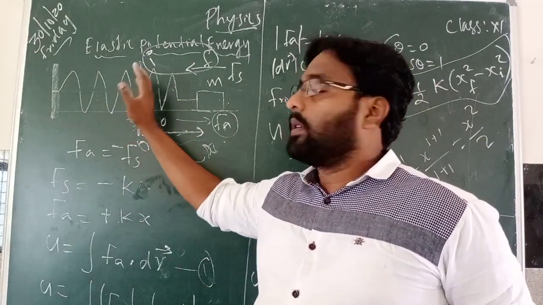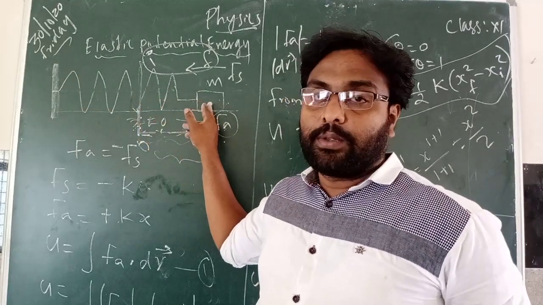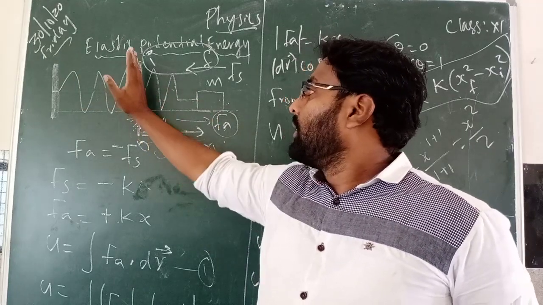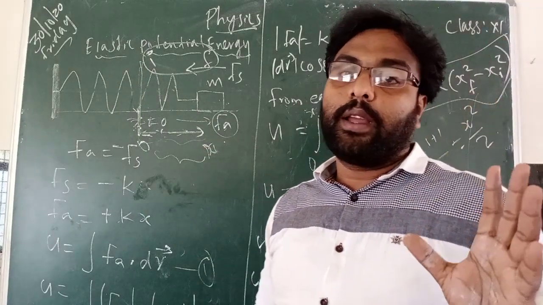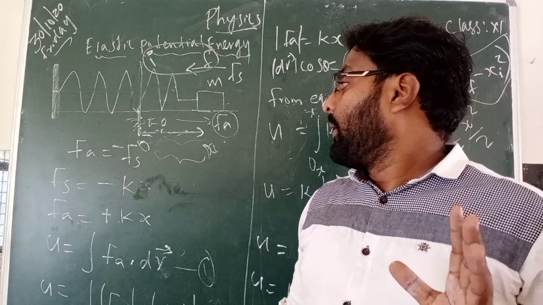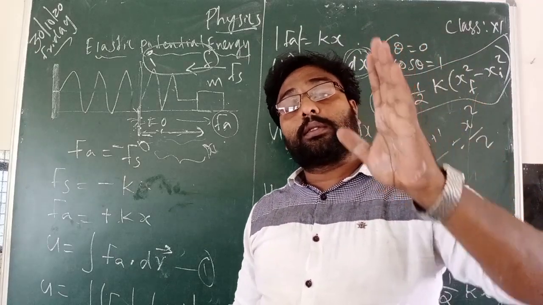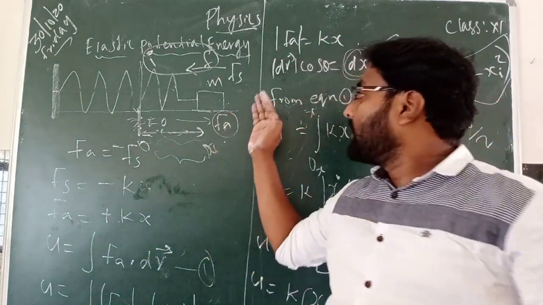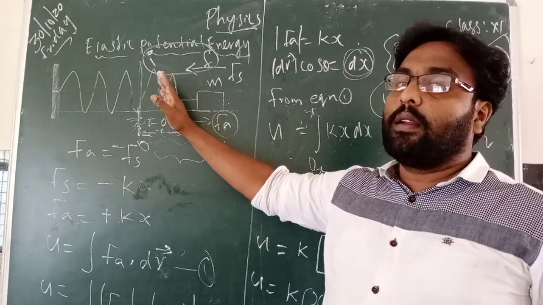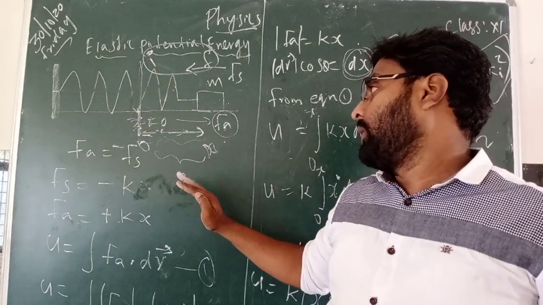One end of the spring is attached to a vertical wall and the other end is attached to the mass, and x equal to 0 is the equilibrium position. Equilibrium position means as soon as the spring is in this position, the potential energy is 0.